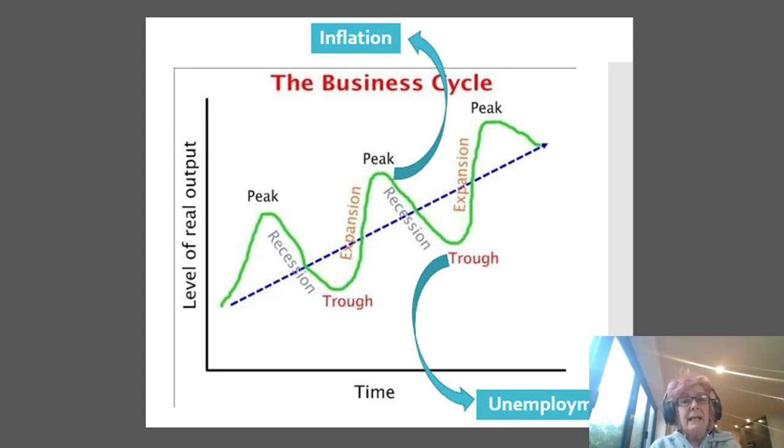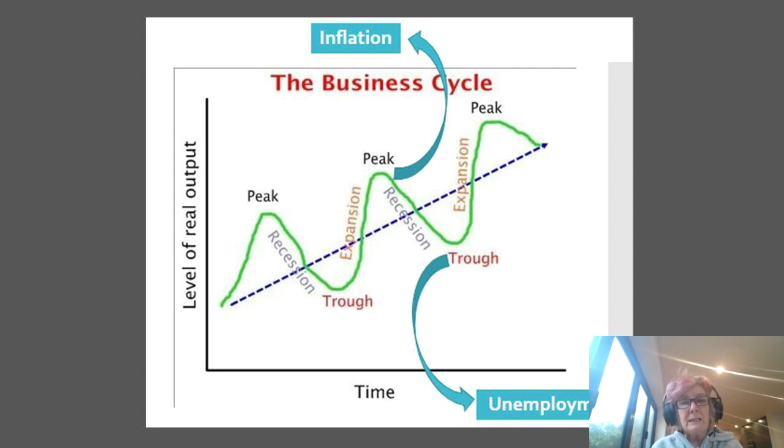And as we've learned, at the peak of the economic cycle, where aggregate demand is really strong, we tend to get inflation, and we don't want that. So fiscal policy, like other policies, is used to try and squash those peaks down to get us back nearer to the trend line. On the other hand, if the economy is very slow and aggregate demand is at its lowest point at a trough, then what government wants to do is to stimulate aggregate demand to push that trough back up towards the trend line again.